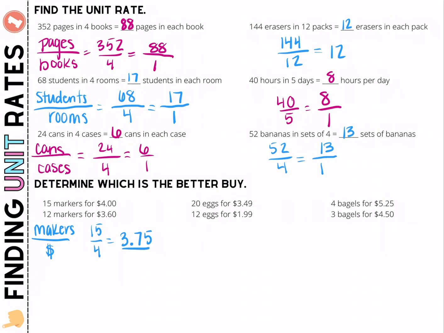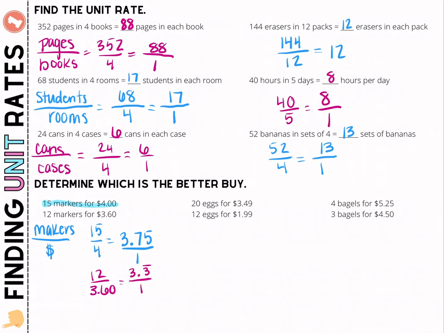So for $1, you're getting about 3 3/4 markers, and then you have 12 over 3.60. So you do 12 divided by 3.6, and you're getting about 3.3 repeating over 1. So your better deal is per dollar, you're going to get more markers with the 15 over 4. So your better deal is the 15 markers for $4.